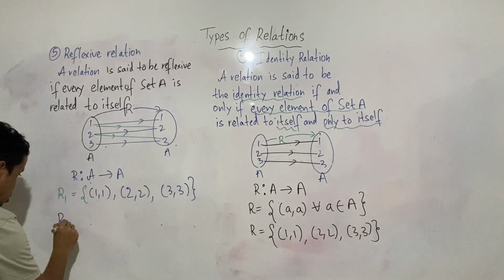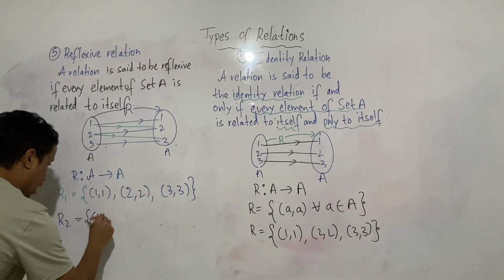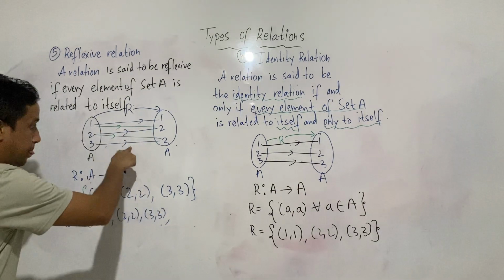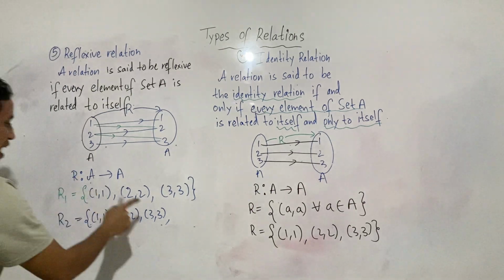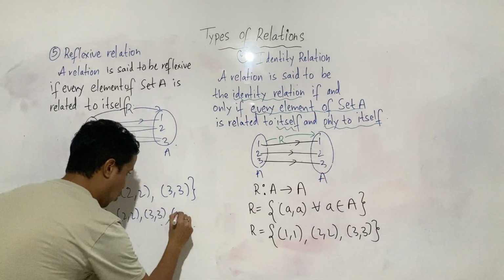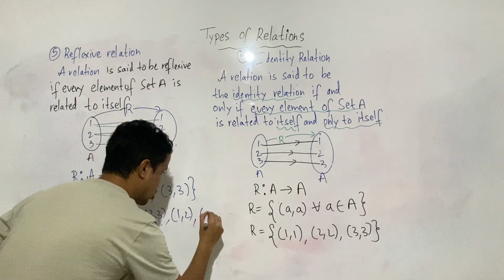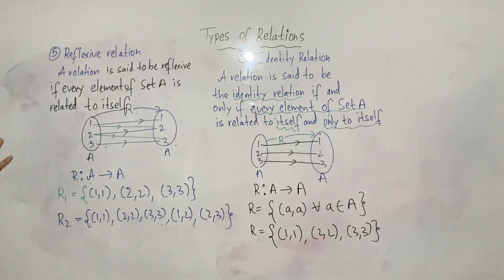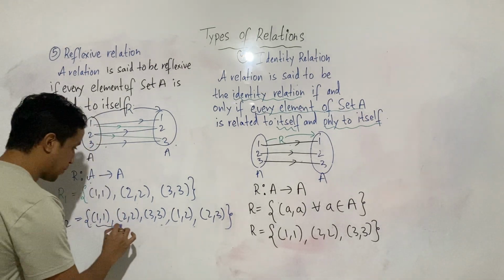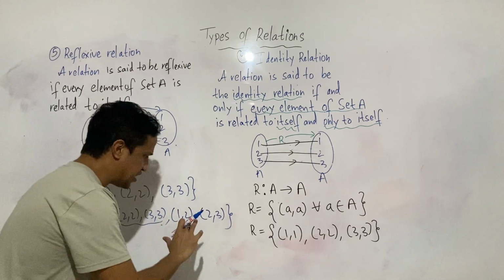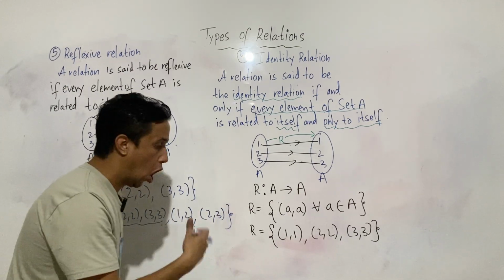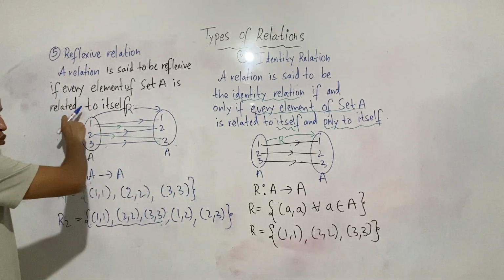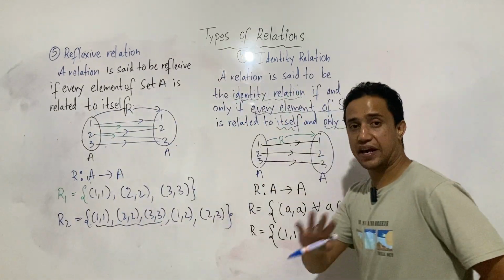Now let's say that R2 is the relation, and here I have 1, 1, 2, 2, 3, 3, as this picture representation says. And in addition to this, I have 1, 2, and here I have 2, 3. Then what about this? Yes, this relation is also a reflexive relation, because the minimum condition is there, and if it has some more additional ordered pairs that result from relating elements in this set with other elements in this set, then it is fine.